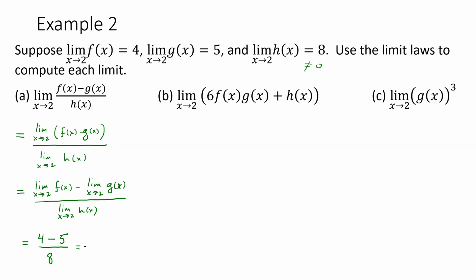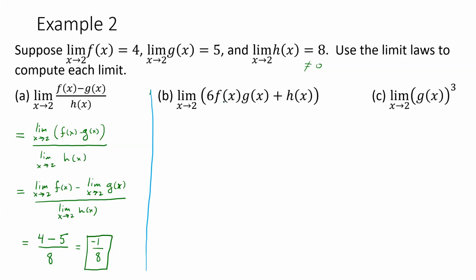So I'm left with 4 minus 5 over 8, which is negative 1 over 8. Let's see, so does that make sense? There, we just applied the quotient law and then the difference law.